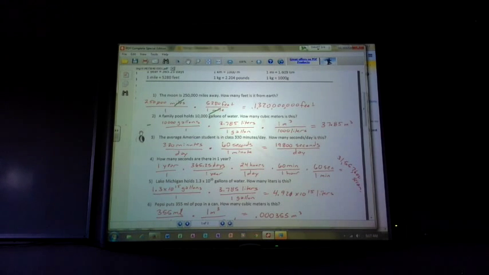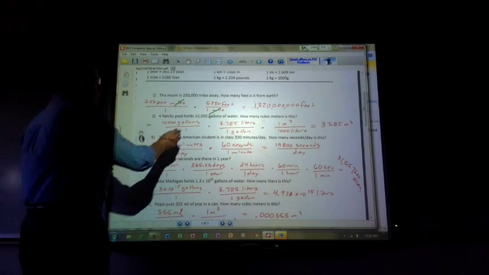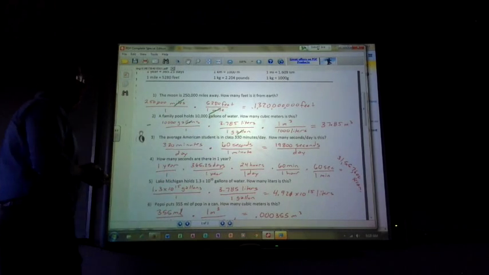And then a family pool holds 10,000 gallons of water. How many cubic meters is that? So the thing is, when you're talking about volume, a gallon is already a three-dimensional object, and a cubic meter is also a three-dimensional object, so there's not a conversion you have to do with that. So you have 10,000 gallons, put it over 1. This way, gallons and gallons is going to reduce.